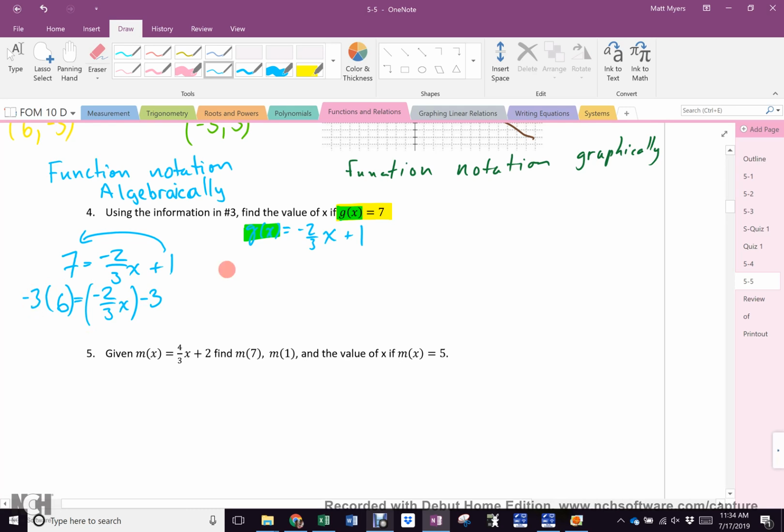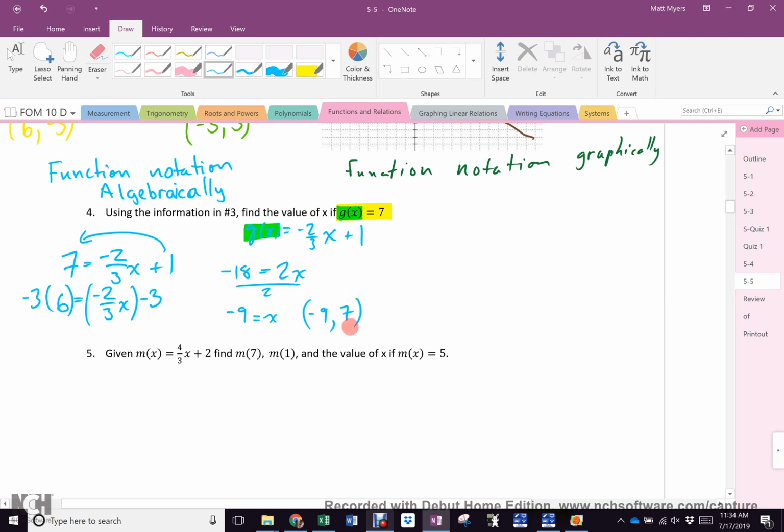So now I have negative 18 equals 2x. Now what? Divide by 2, and x equals what? Negative 9. What would be the point on the graph? Negative 9, 7.